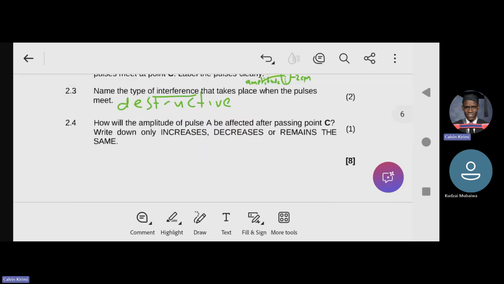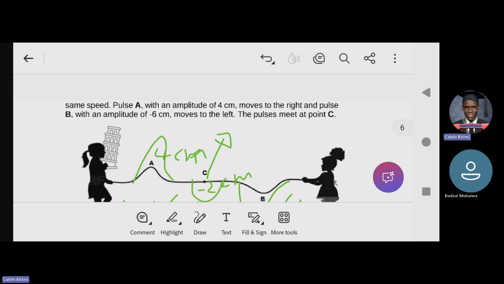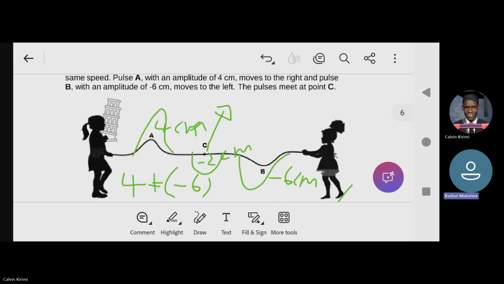How will the amplitude of the pulse at A be affected after passing point C? Write down increases, decreases, or remains the same. Can you see the amplitude of A? It's 4 centimeters.